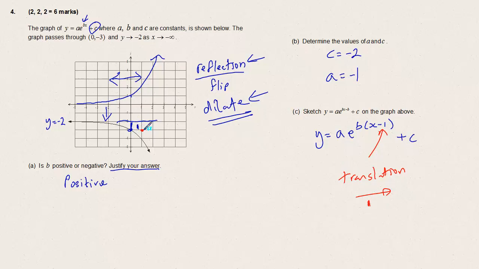So what I was really looking for here was the same shape and it going through this point here, which is 1 unit to the right. It doesn't go up there at all. It's still going to go into the same asymptote. So you didn't need to draw a really long section. You just needed to get roughly the shape and it going through that point.